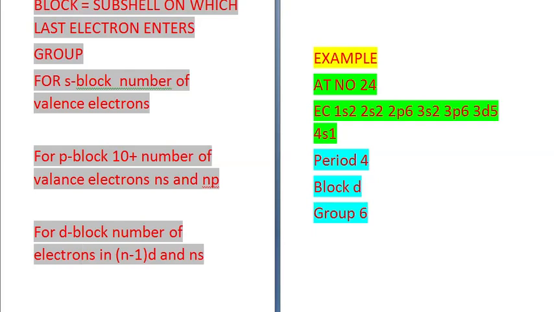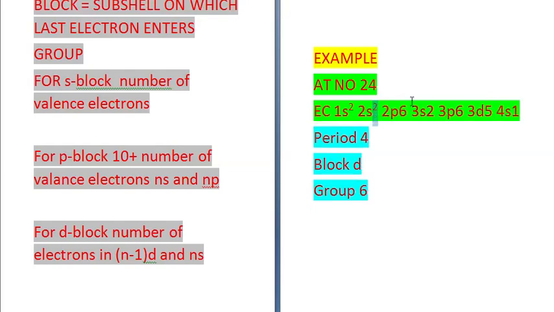So let us take an example: find the period, group and block of the element having atomic number 24. Let us first write the electronic configuration. It will be 1s2, then 2s2, then 2p6, because 6 electrons can be accommodated in p.